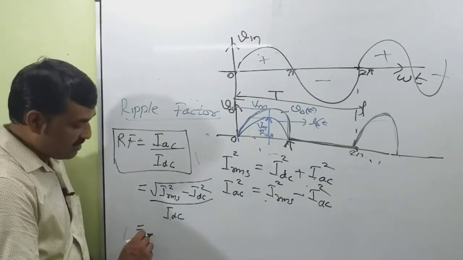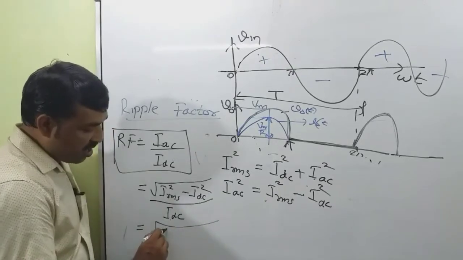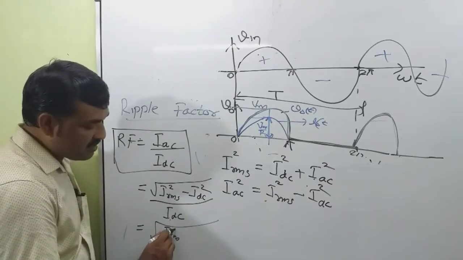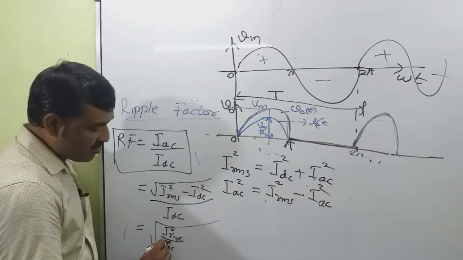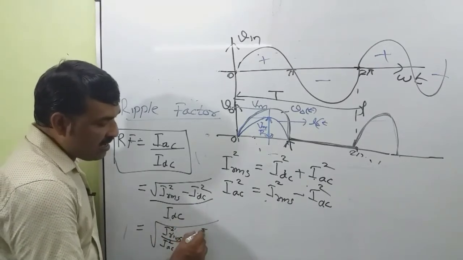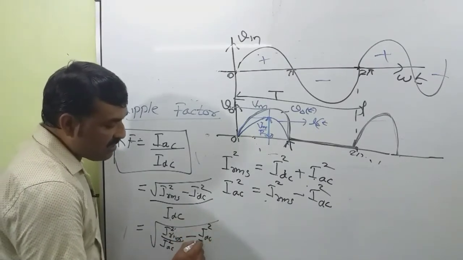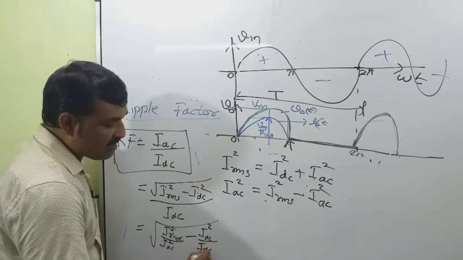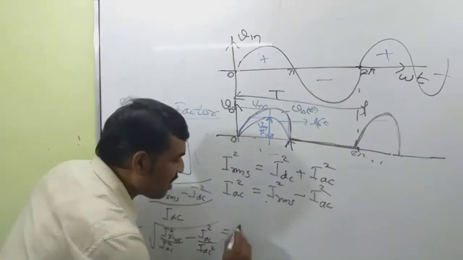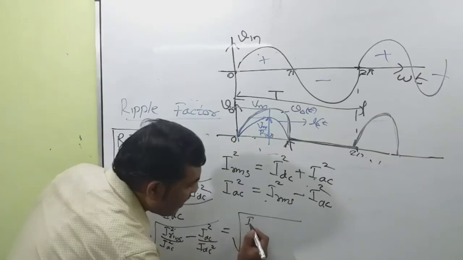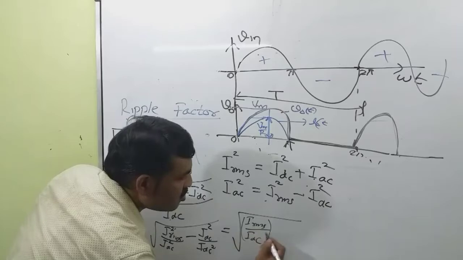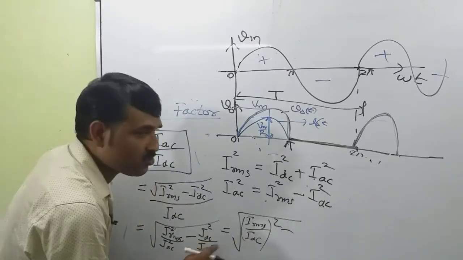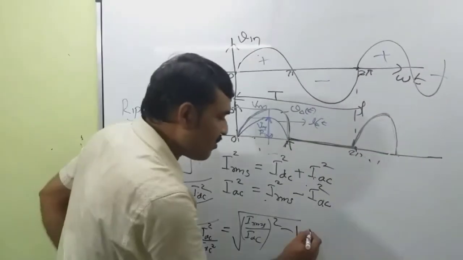So I can write this as the square root of IRMS square by IDC square minus IDC square divided by IDC square. This is equal to the square root of IRMS divided by IDC, the whole square, minus IDC square by IDC square, that is equal to 1. This is equal to our ripple factor.